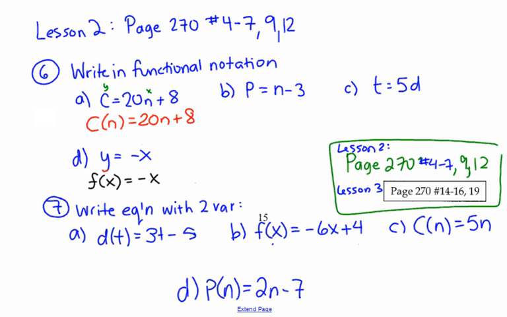That's how it's done. So in B, we have p equals n minus 3. p of n equals n minus 3. So t of d equals, that's all you have to do to change it to functional notation.